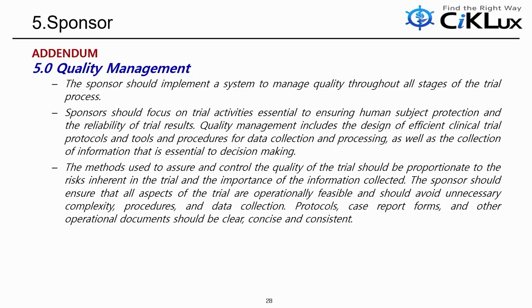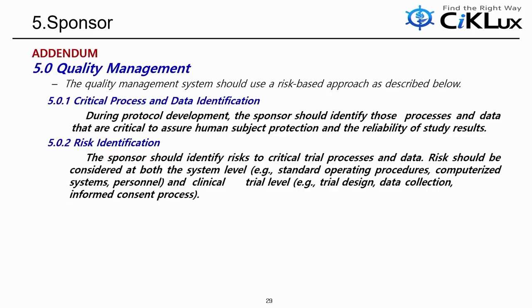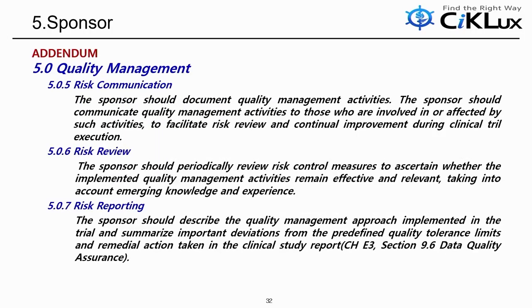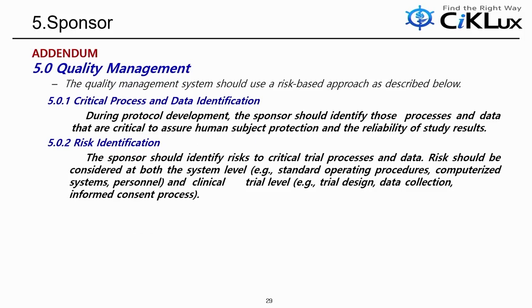So when does the audit need to be conducted, at the end of the clinical trial or at the start of the trial? That kind of question is of no use now, because quality needs to be controlled and managed from end to end. And from 5.0.1 till 5.0.7, you can see the specifics of the quality management.